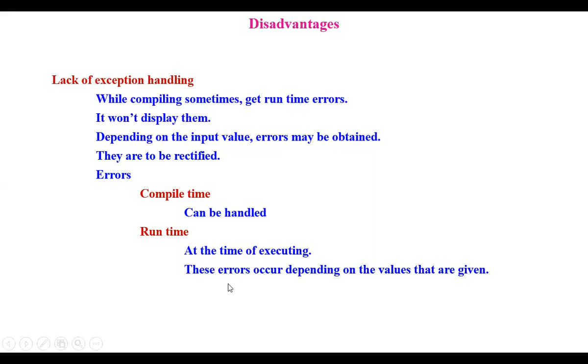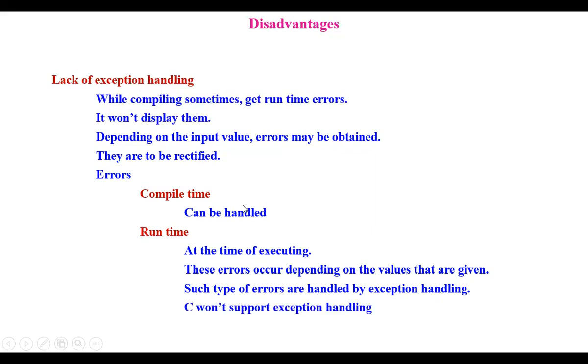So these errors crop up depending on the values you give and become visible. Such errors are handled by exception handling. This exception handling means this type of error should be handled, but C cannot handle that. C is lacking exception handling and does not support it.